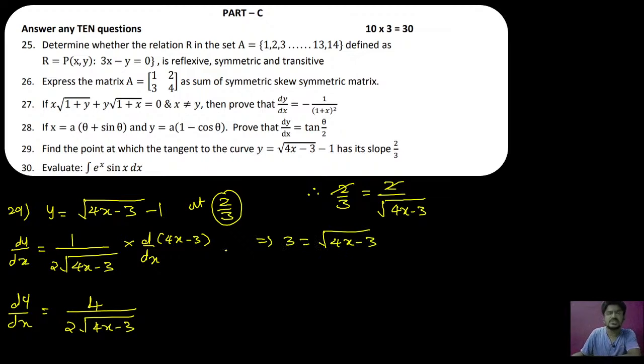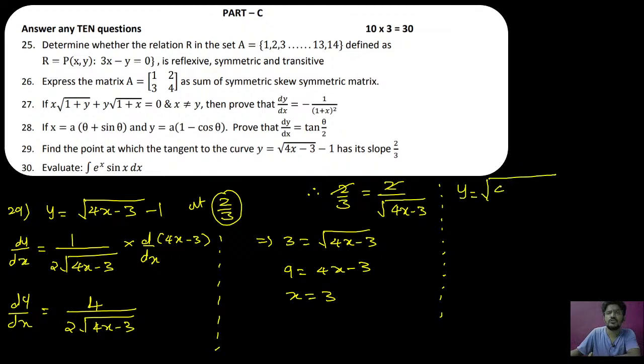You can square both sides. That will be 9 equal to 4x minus 3. So simplifying, adding 3 on this side, it will be 12. So x will be equal to 12 by 4, that is 3. By getting x equal to 3, now you can find the y value. Y equal to square root of 4 times 3 minus 3, minus 1.